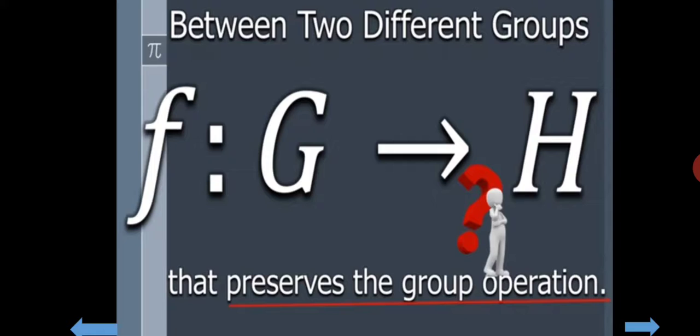Now the question is how a function preserves the group operation. So let's break it down. Let's say G is a group under asterisk and H is a group under star. So you know that these are two different groups with two different binary operations. The binary operations are asterisk and star.